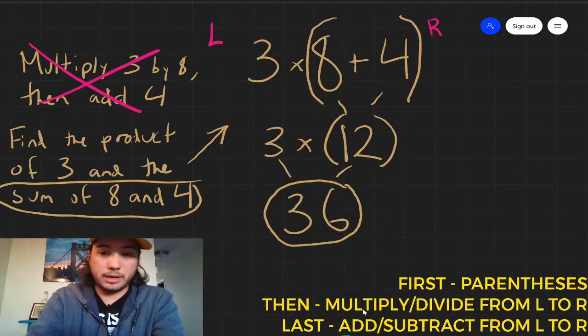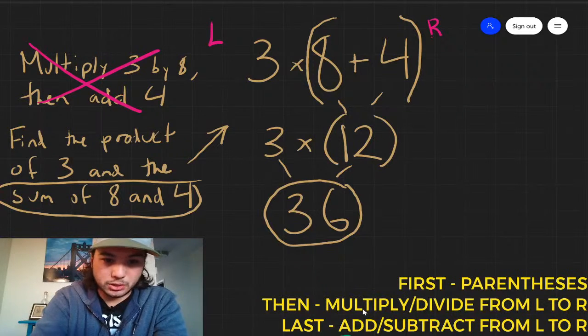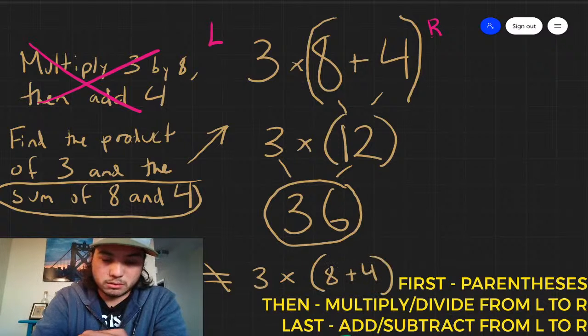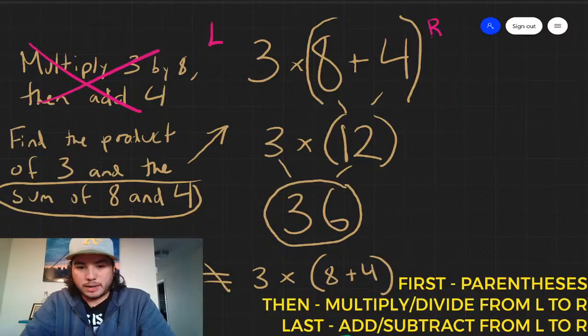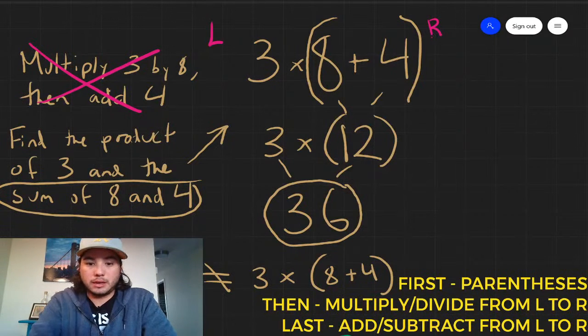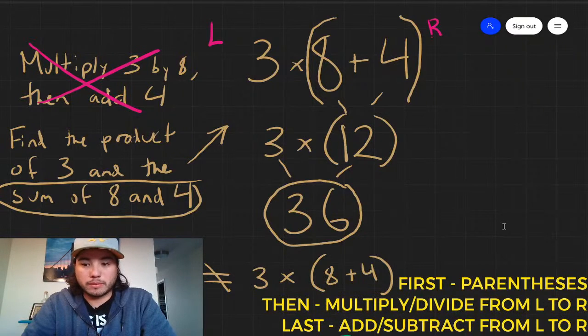It's wild to think that just by using parentheses, 3 times 8 plus 4 does not equal 3 times (8 plus 4). The position of our parentheses is super, super important, right?